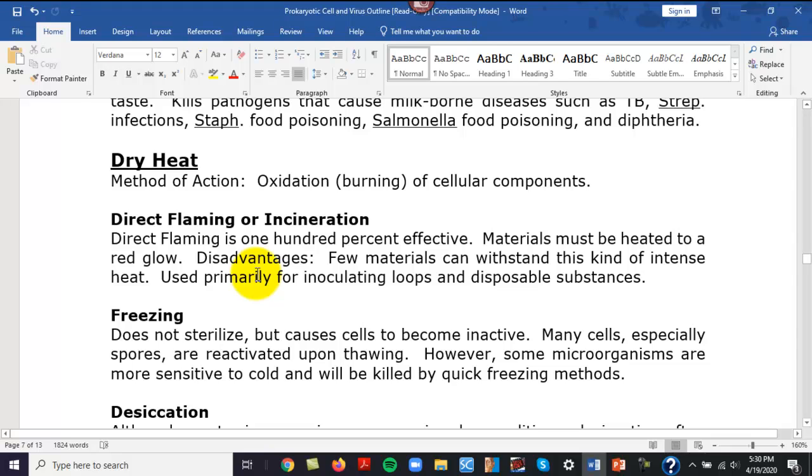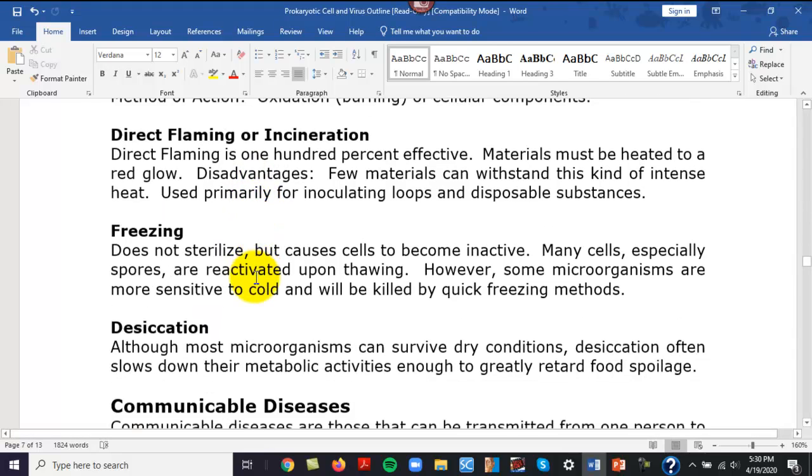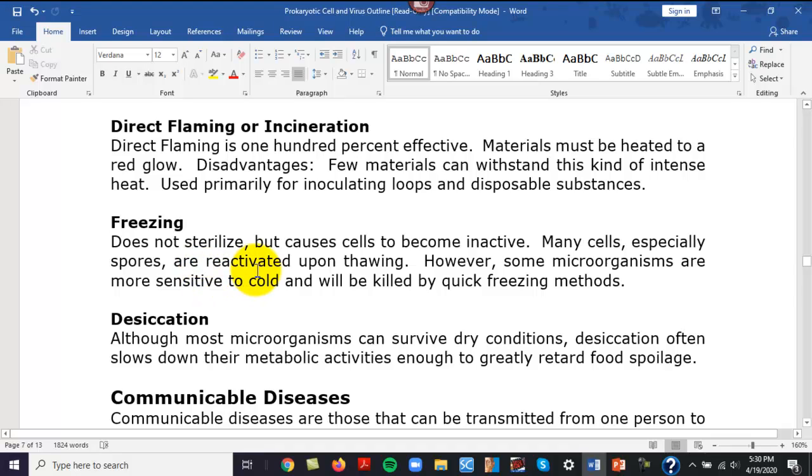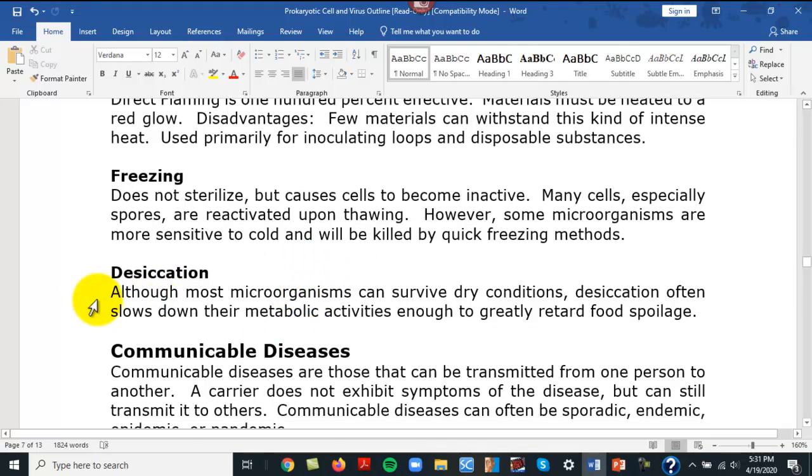Nothing can survive flaming fire. Freezing actually does kill some things, but mostly it makes the cell inactive. That's why when you freeze meat, it will last so much longer, because the microbes cause food spoilage, and if you freeze something, of course it's going to slow down the cells dividing, and so food doesn't spoil.